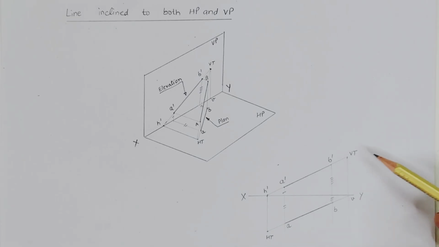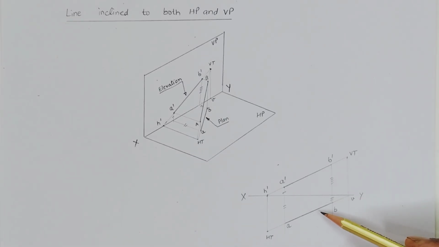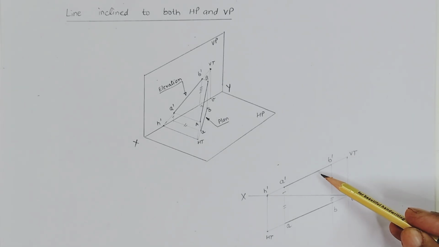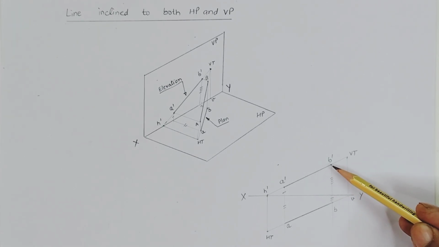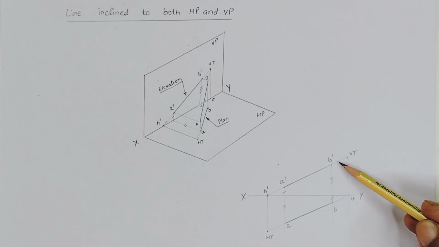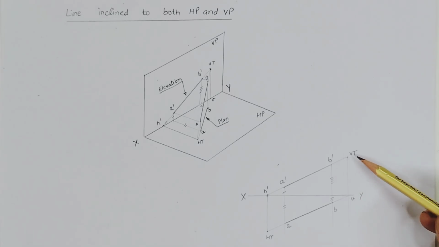Similarly, to get the vertical trace, we extend the line on the right side so that it intersects the XY. At this point we draw the projector and extend the elevation of the line to the right side, and they intersect here. This common point is called the vertical trace. In this case both HT and VT are available because the line is inclined to both the planes.